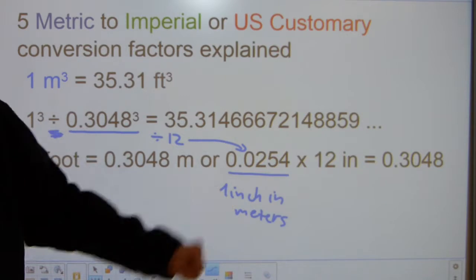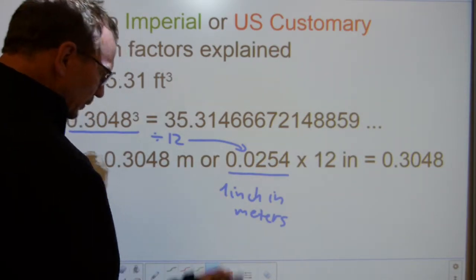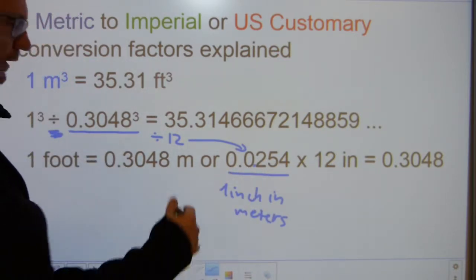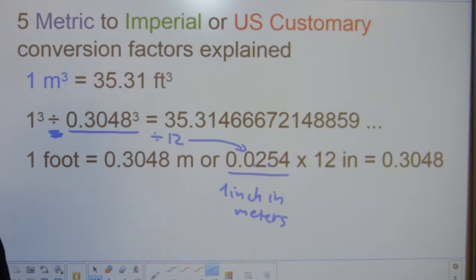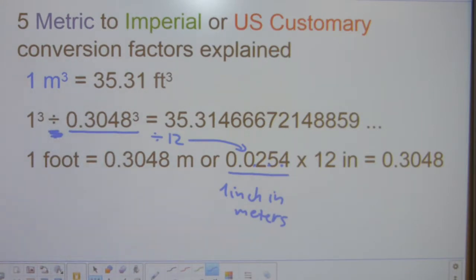The digits in this number, 2, 5 and 4, might be familiar. If you shift the decimal dot sideways, now it's the length of an inch in decimeters. 2.54 centimeters is the length of an inch, or shift it one more spot over, 25.4 millimeters is the length of 1 inch.